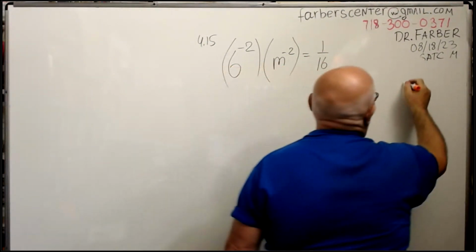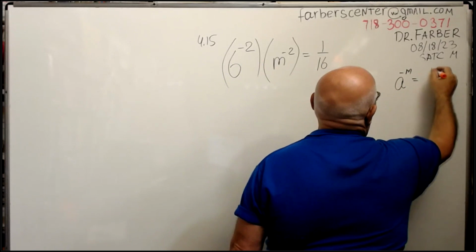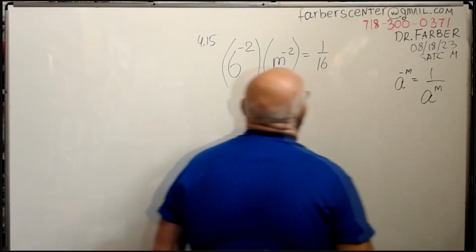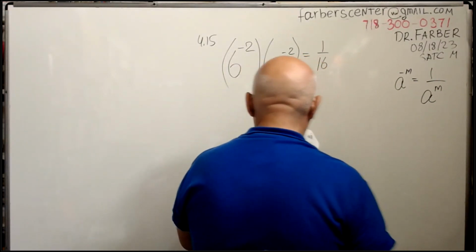Use the formula a to the power negative m equals 1 over a to the power m. And they ask you to find what? Find m to the second.